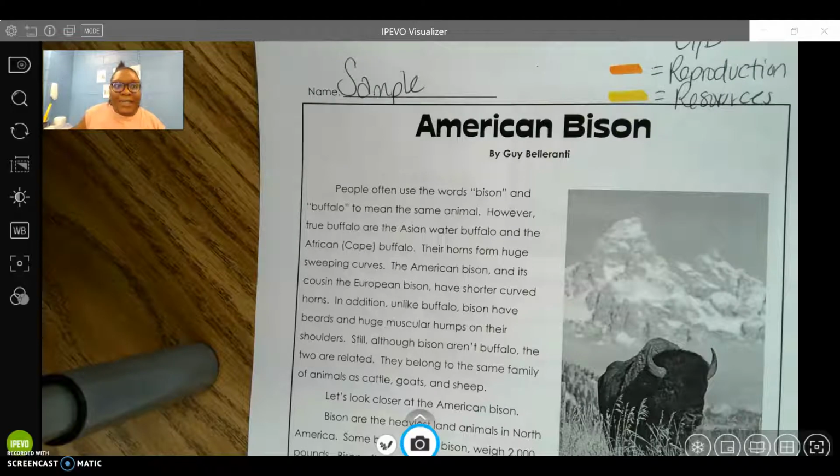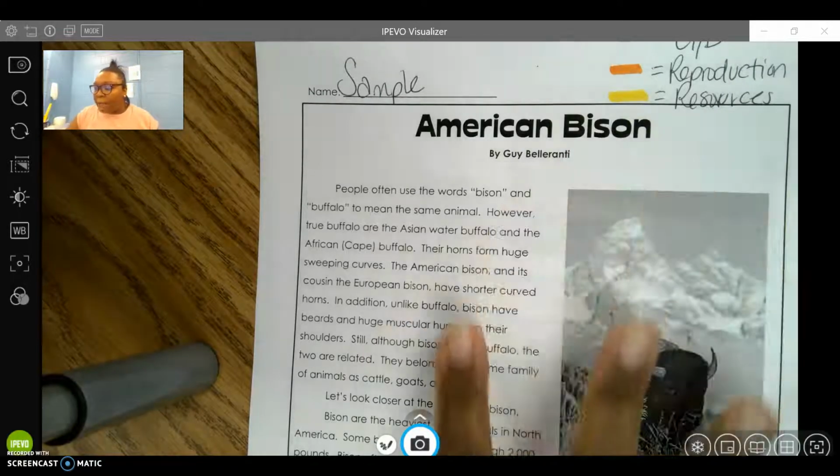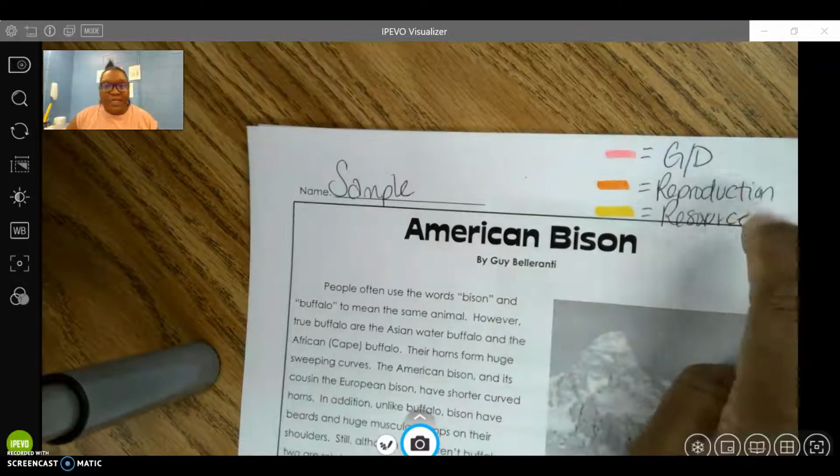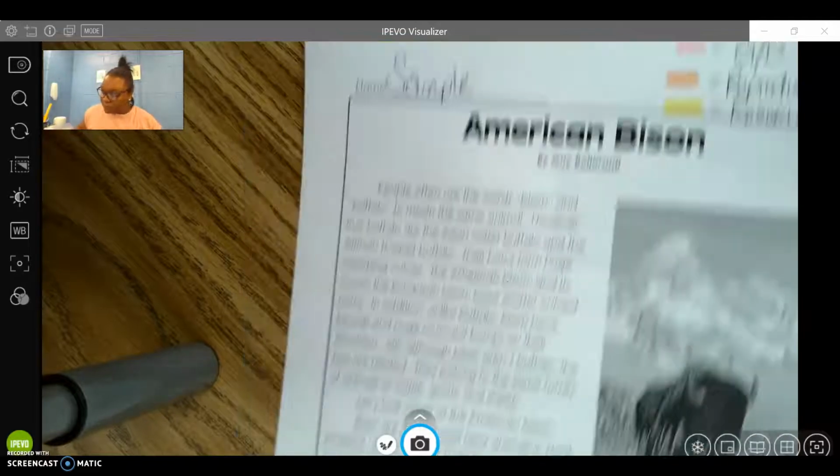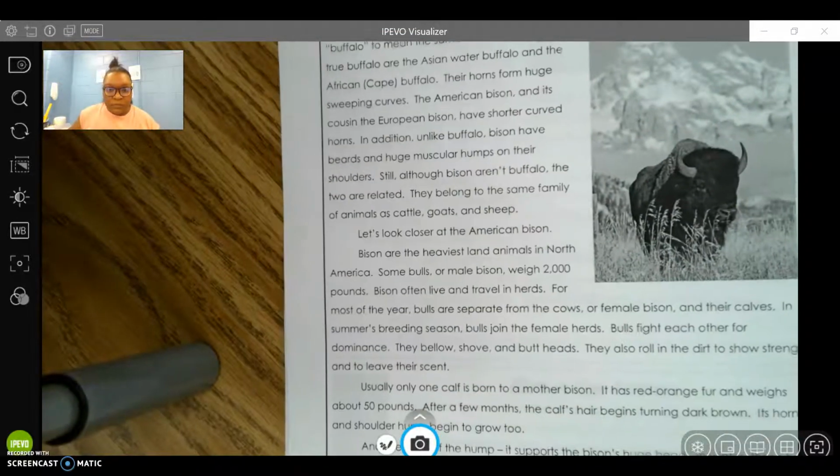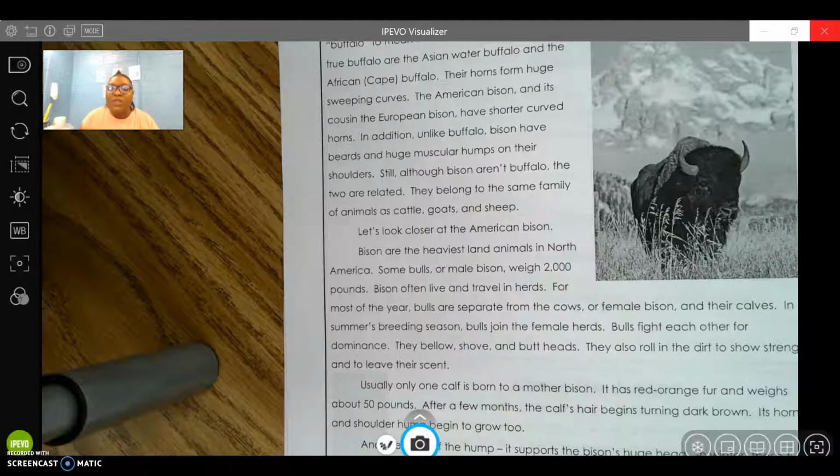Let's look closely for our first characteristic of an organism. Let's look closer at the American bison. Bison are the heaviest land animals in North America. Some bulls, or male bison, weigh 2,000 pounds.